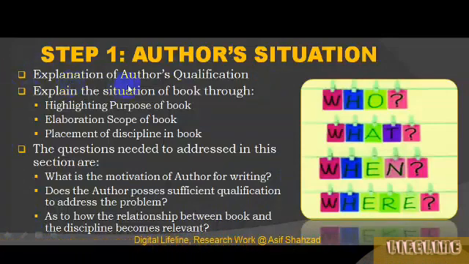First of all, you need to keep in mind that you have to explain the author's qualification. You might tell what the qualification of the author was, was he eligible to present such a level of qualitative, educative or literary book, was the book according to the requirement of the discipline, and is the status of the author the way it is required by the discipline.